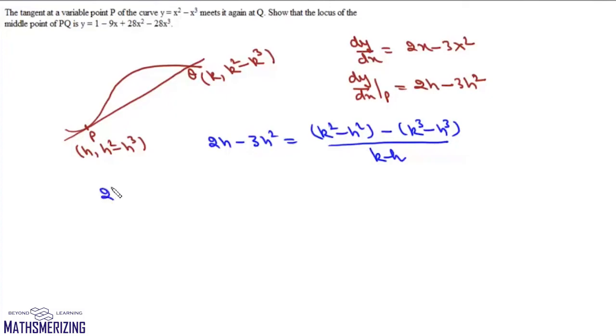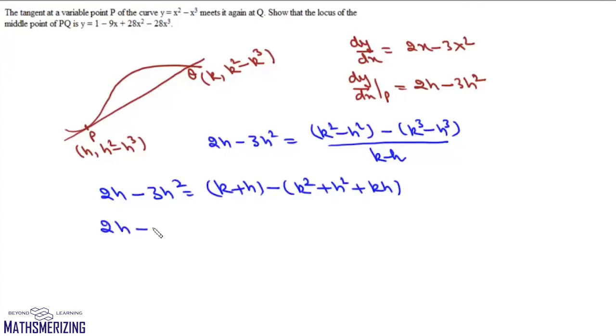So we can write this as 2h minus 3h square equals k plus h minus (k square plus h square plus kh).